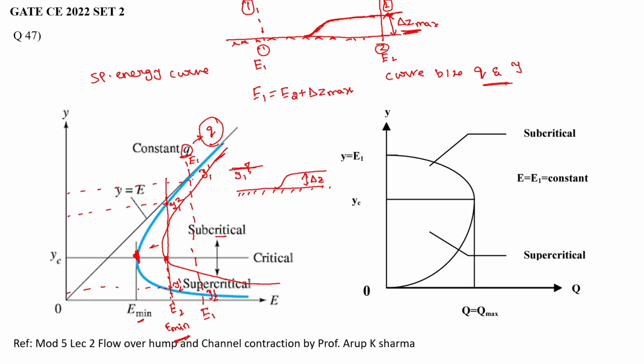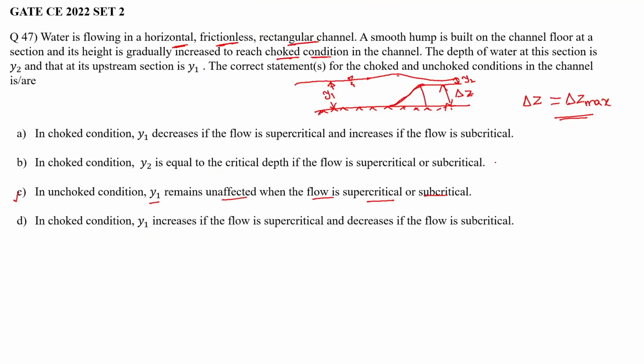The discharge will reduce and the depth will decrease. If the flow is supercritical, the depth will increase like this. So it does not alter the upstream depth. So option C is correct. In unchoked condition, Y1 remains unaffected when the flow is supercritical or subcritical.